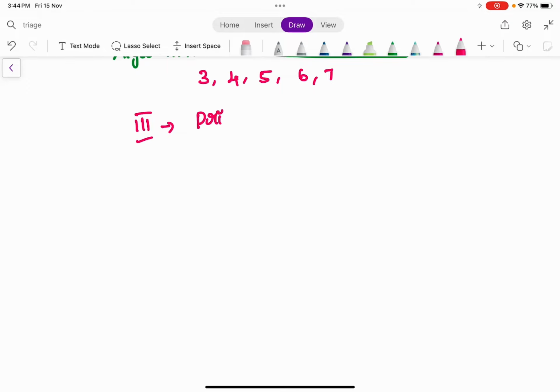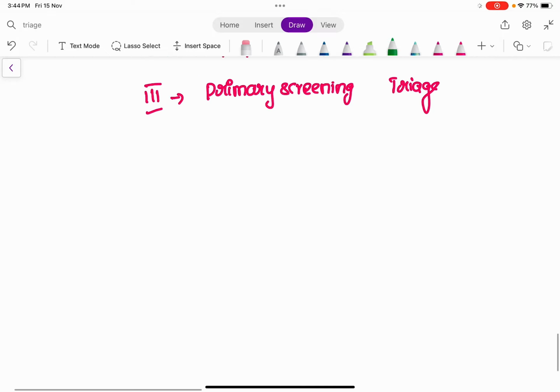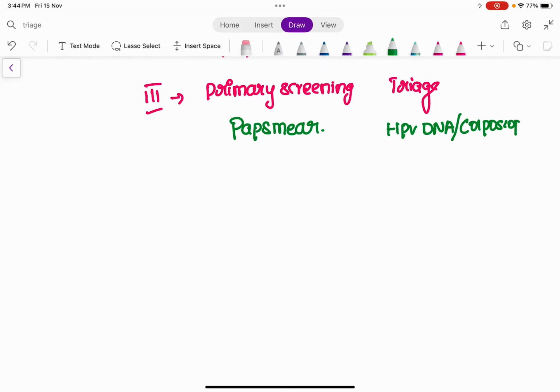So in 3, the primary screening test was what? The primary screening test was pap smear. And the triage test was what? HPV DNA, and colposcopy was done.